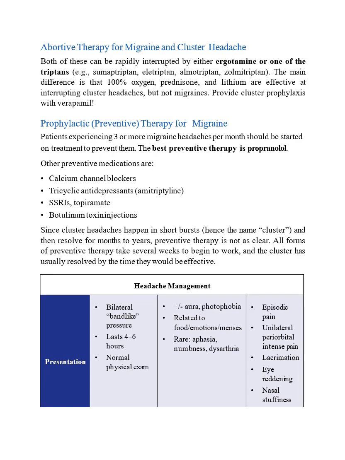For migraine, number 2, in the middle, migraine headaches present with plus or minus aura and photophobia. It's related to food, emotion, and menses. Rarely aphasia, numbness, and dysphagia.